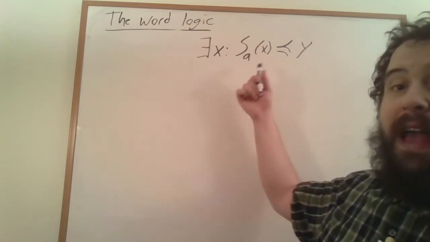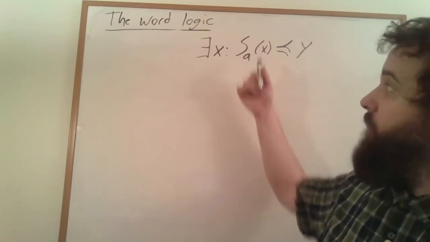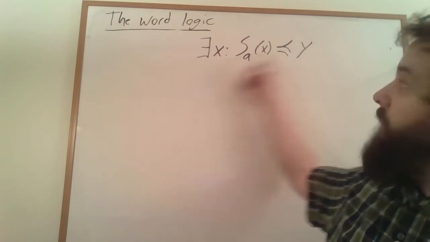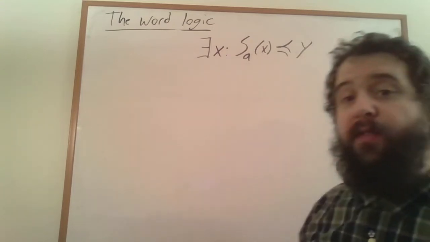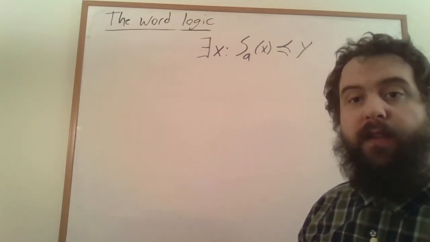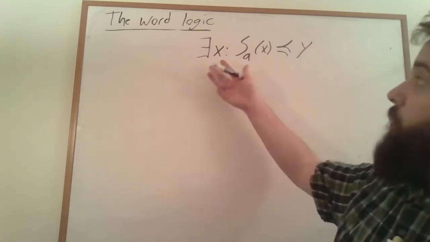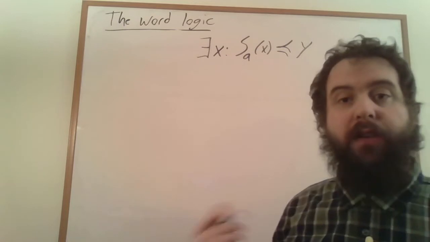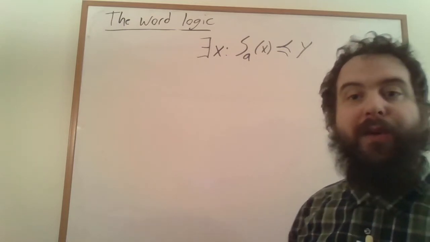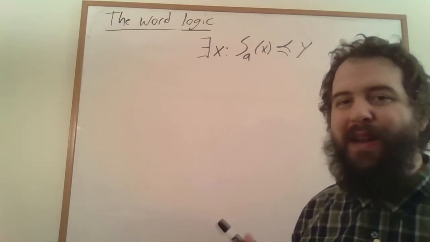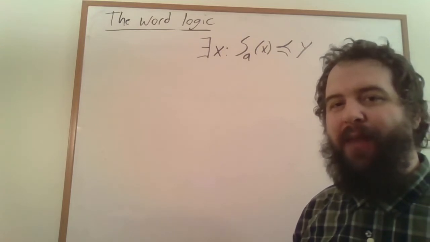This variable x is said to be bounded because there's a quantifier for it, and this variable y is said to be free because there is no quantifier for it. And it's because y is a free variable that this formula says something about the word y. I'll give you a moment to try to figure out what it actually says about the word y.